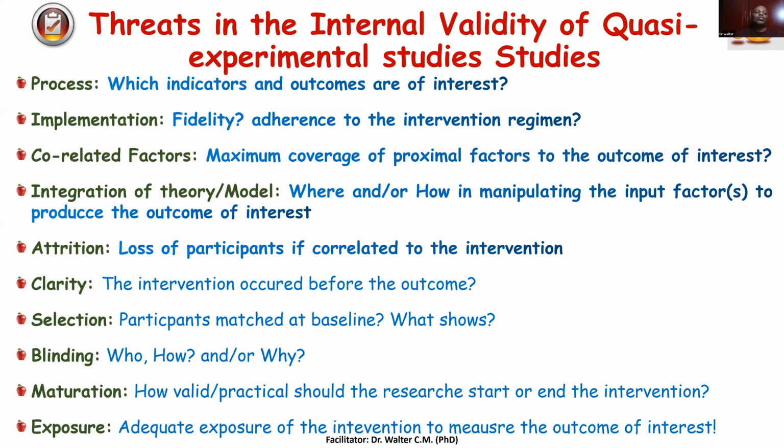Another issue is clarity: the intervention must occur before the outcome. It's sometimes very difficult. You can force yourself to do an intervention, but the variables that you are going to assess or measure have already occurred before your intervention. Then if you come back and say the intervention was effective, and this is linked with the number of factors you have included, if you are limited to a few factors, you will be in a threat here, clarity.